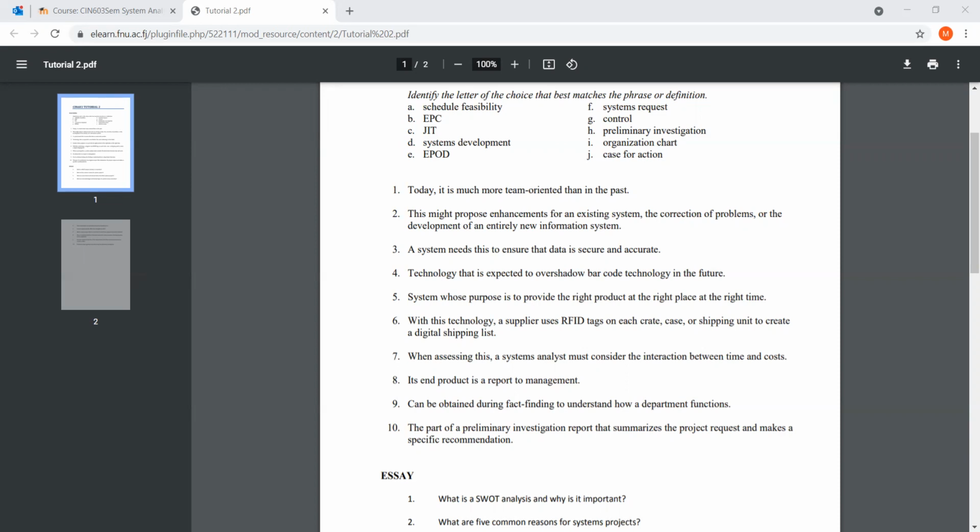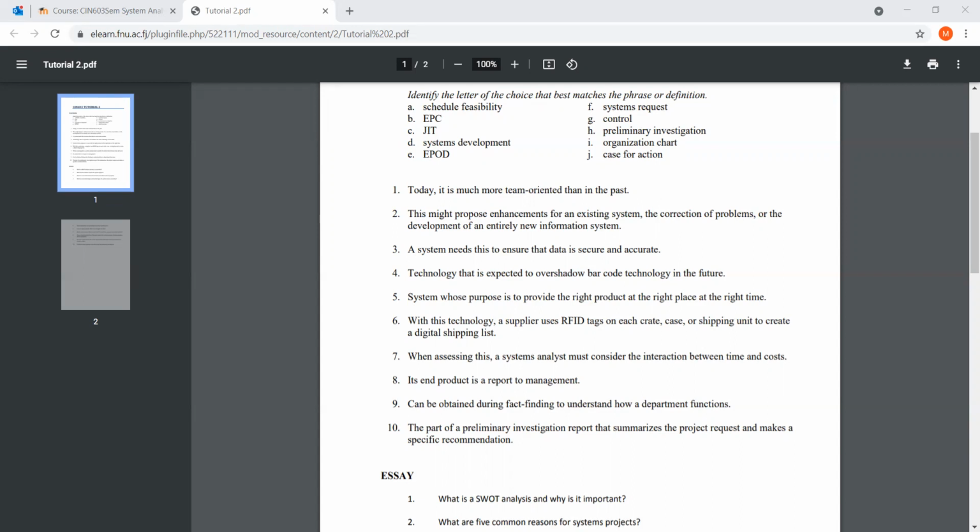System whose purpose is to provide the right product at the right place at the right time. The correct answer there is C, JIT. Question 6. With this technology, a supplier uses RFID tags on each crate, case, or shipping unit to create a digital shipping list. The correct answer is E, EPOD.